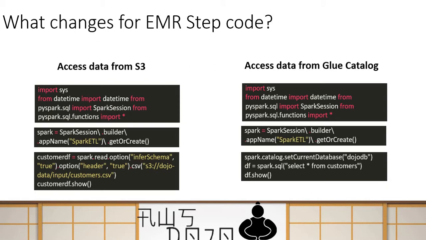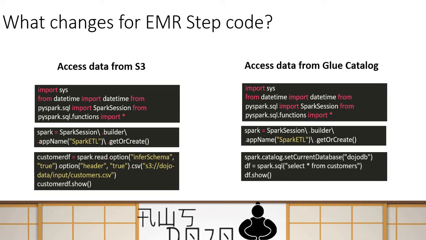So again, I will highly encourage that you try to access data through the Glue catalog, because then your coding effort is not changing, but you get the additional benefit of having your data cataloged at one place in your data lake.